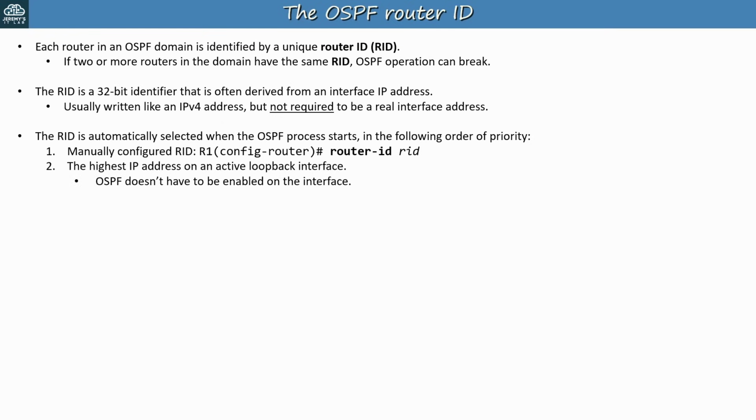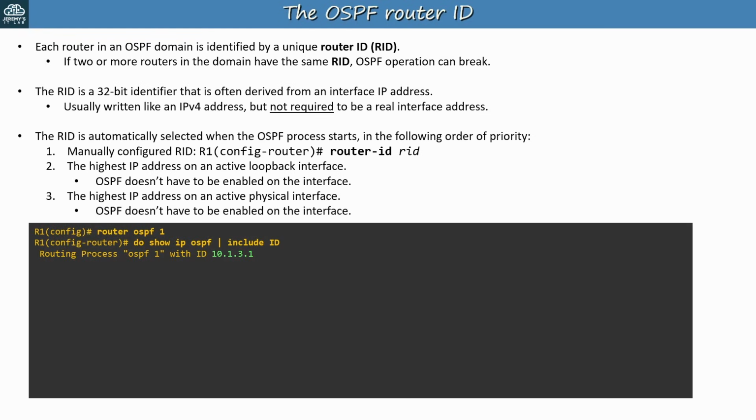But note that OSPF doesn't have to be enabled on the interface for it to be selected. And if there are no active loopback interfaces with an IP address, the highest IP address on an active physical interface is selected. And once again, OSPF doesn't have to be enabled on the interface for it to be selected. If there are no active physical interfaces with an IP address, the router can't select a RID, and OSPF won't be able to start.